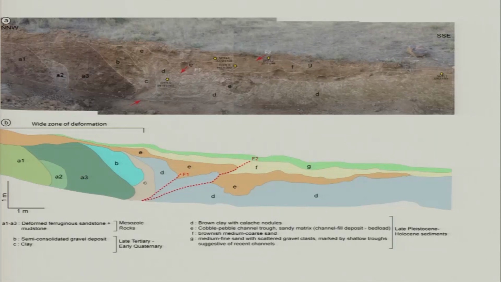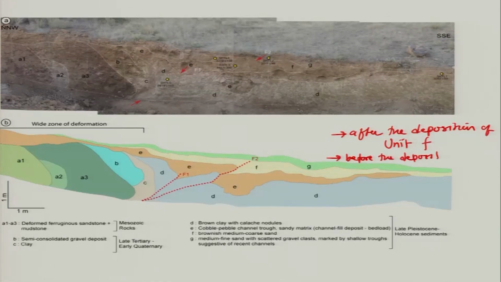So what we say is that the most recent event took place after the deposition of unit F and before the deposition of unit G. Now why do we say this?